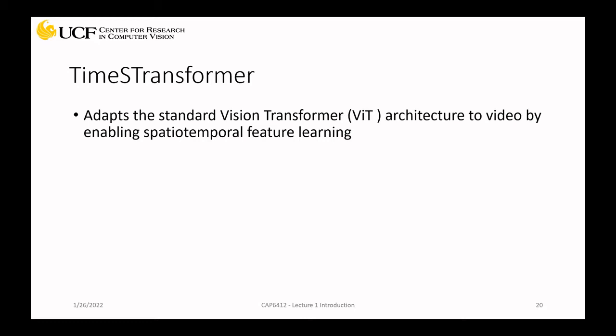What is happening is that this original transformer paper, as you remember, was NeurIPS 2017. It was used a lot in NLP, but it took several years for people to actually adapt it to vision.